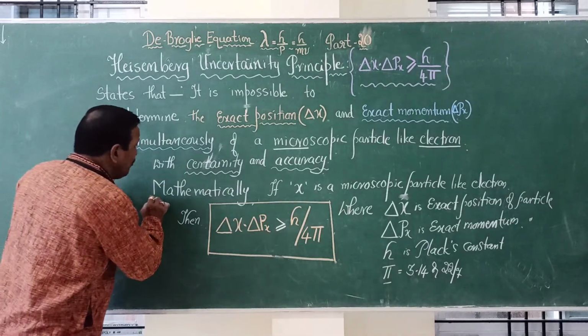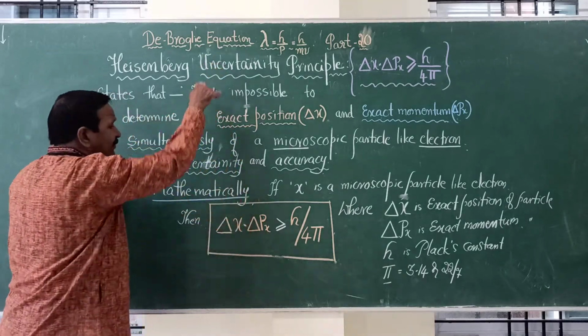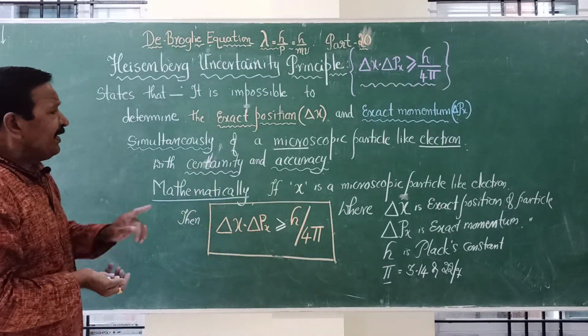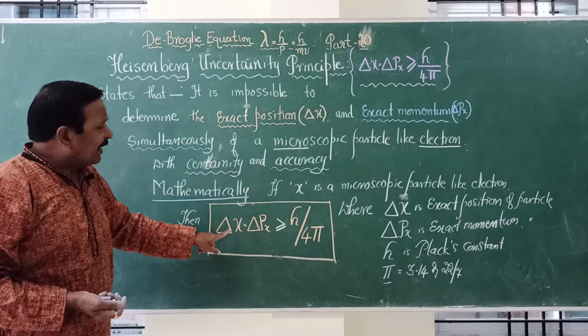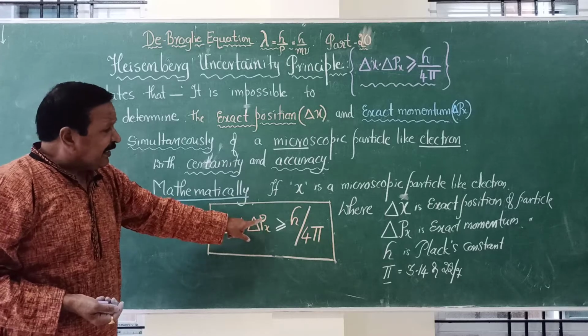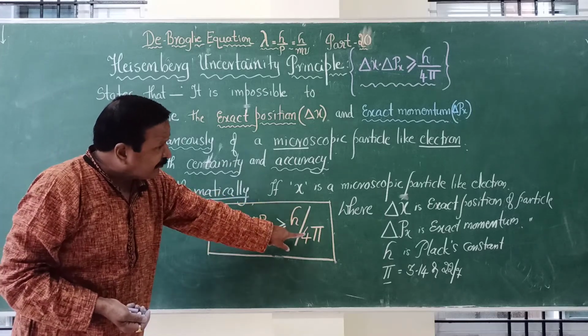And the mathematical expression of the Heisenberg uncertainty law is: delta x into delta px is more than or equal to h upon 4 pi.